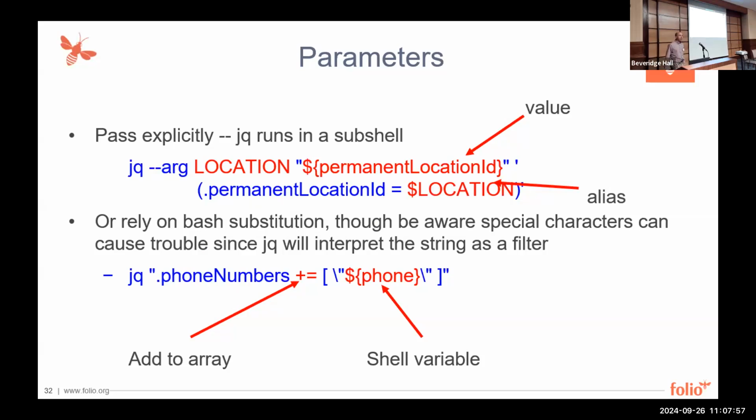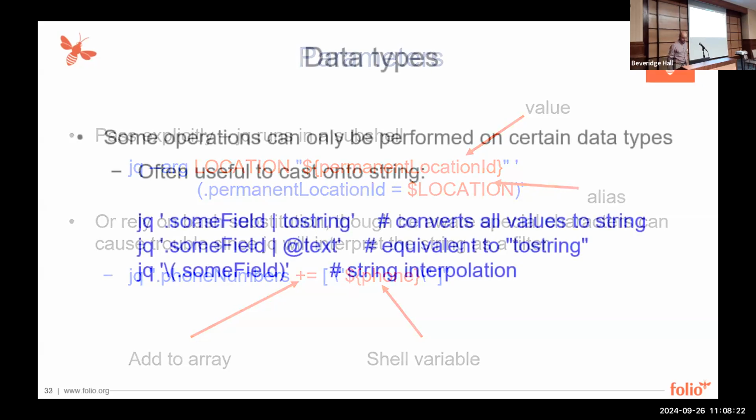However, be aware that everything is a filter, all punctuation, anything that means anything to JQ. So you will definitely need to handle all that, or you will get some very bizarre results. And then I threw in another symbol, add to an array or something like that. There's a million symbols. No way you're going to remember them all. It's just to throw ideas in your head, stuff to look up later.